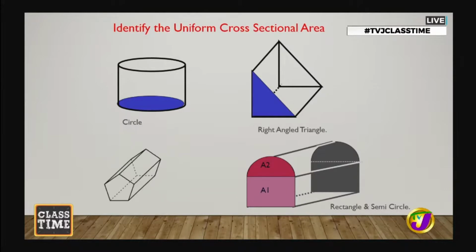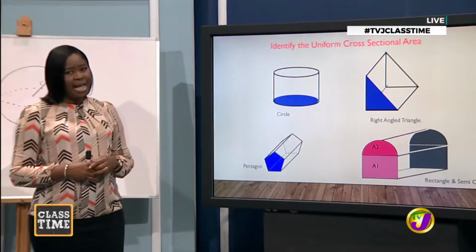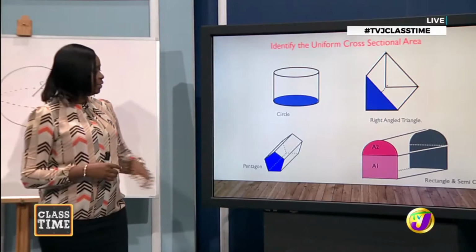And finally, this one? If I cut throughout, I am seeing a pentagon as the uniform cross-section. A pentagon, yes. So we have to bear in mind the uniform cross-section for the solid when we are calculating volume. And you'll see how important that is as we go through the lesson.